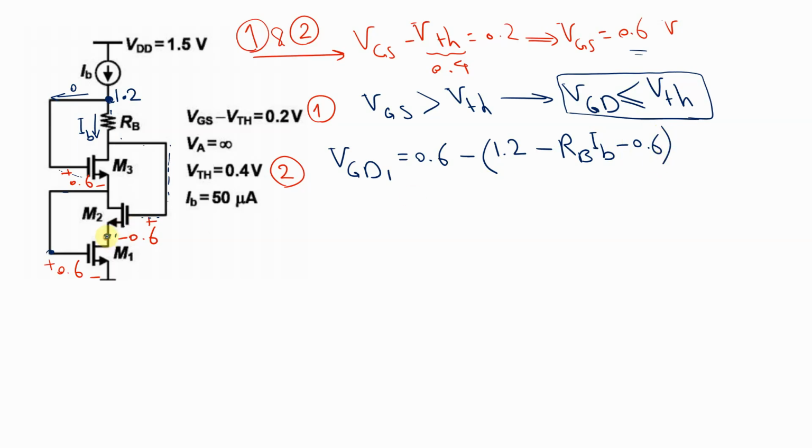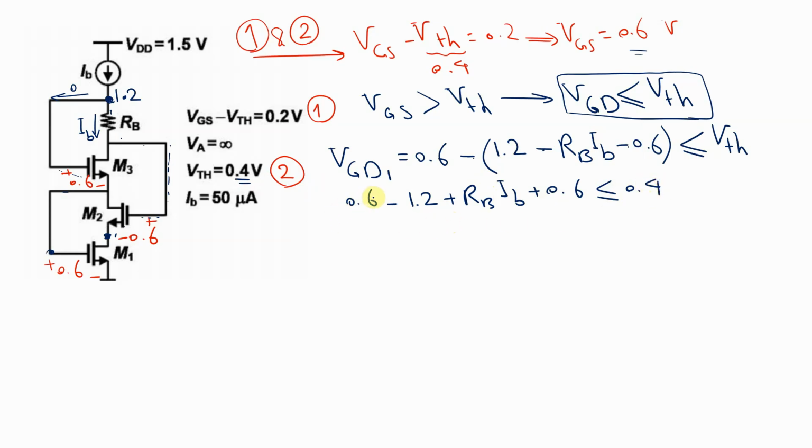And now we can get to the drain of M1. So this gate-drain voltage must be less than or equal to the threshold voltage. Now I'm going to simplify this by crossing out some numbers. So here we have 0.6 minus 1.2 plus RAB IAB plus 0.6, less than or equal to V threshold, 0.4.